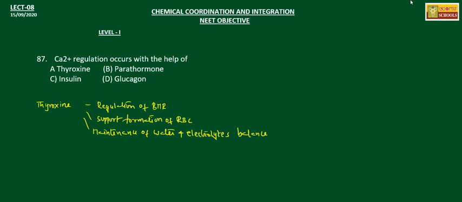The next one is parathormone, also called PTH, parathyroid hormone. It increases calcium levels in the blood.